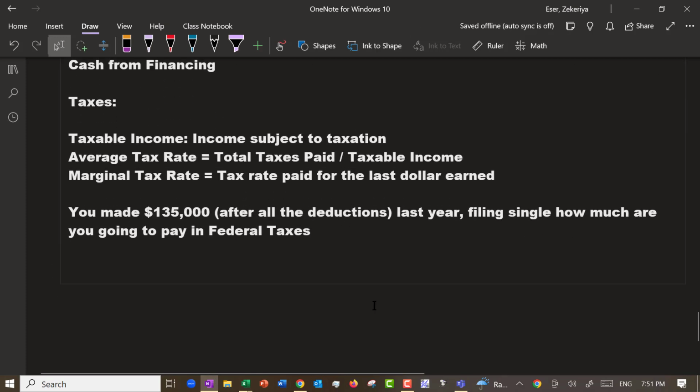Let's talk about the concept of cash flow. Cash flow from assets, CFFA. Sometimes we also call this free cash flow.